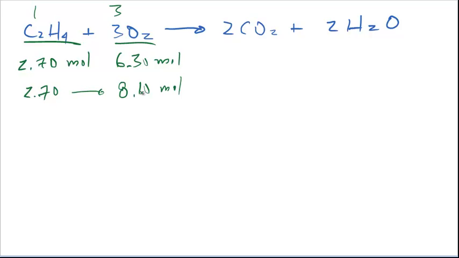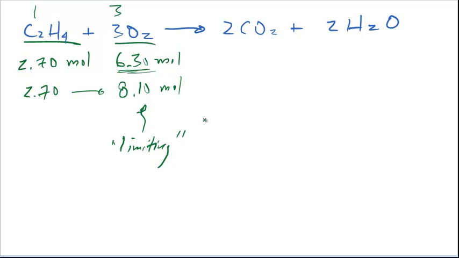And if we really do want to react all 2.7 moles of ethylene, you're going to need 8.1 moles of oxygen. And clearly we don't have that. We just don't have it. So you can see by inspection that the oxygen is the limiting reactant in this case.